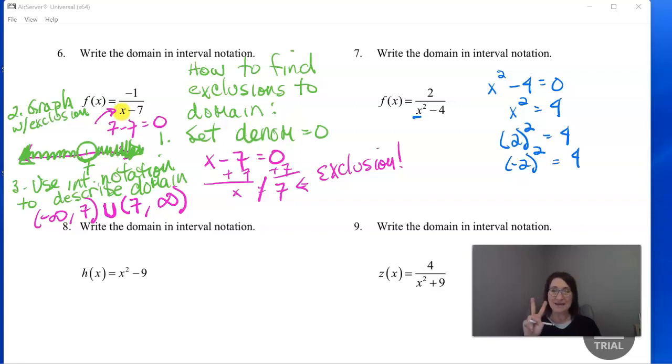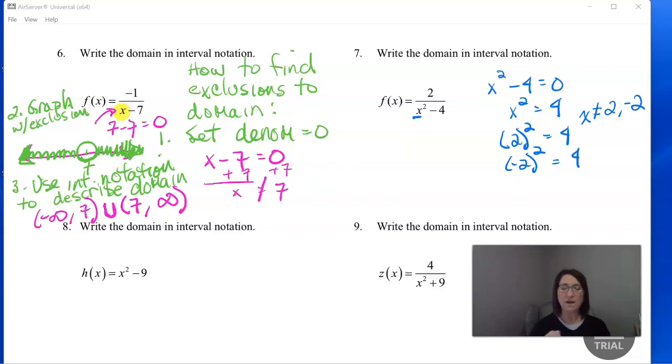So that means I have 2 exclusions. x cannot be equal to 2 or negative 2. Okay. And so I'll make a little room here. So those are my 2 exclusions.